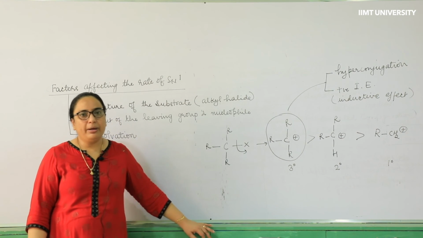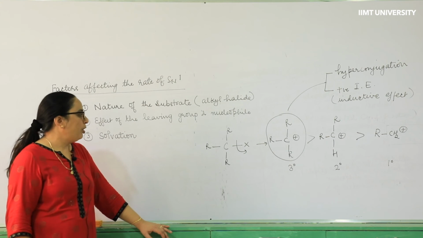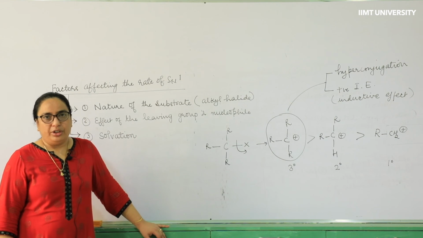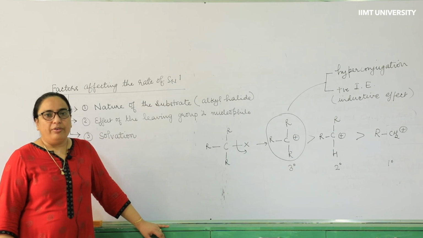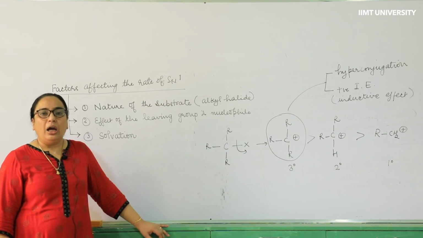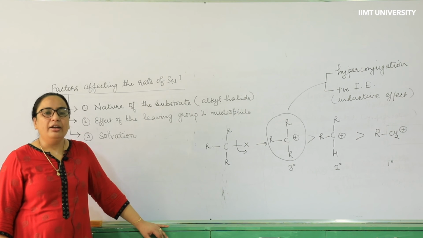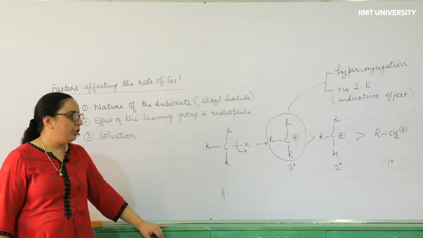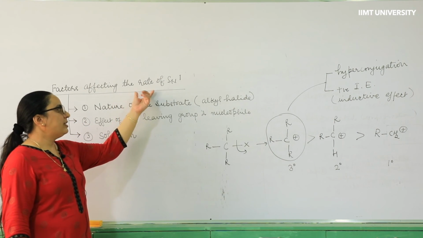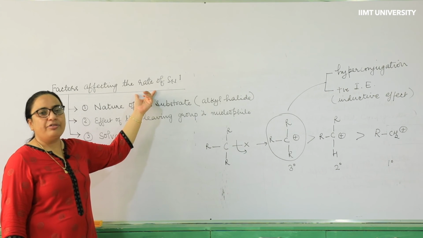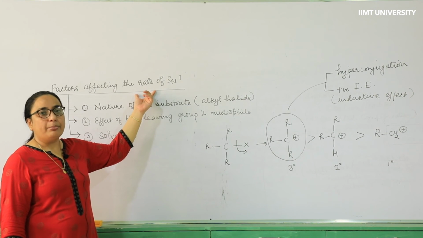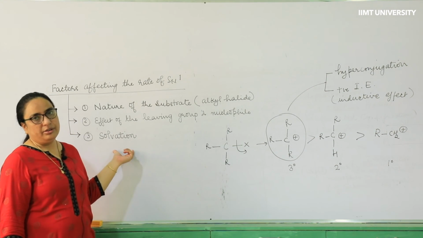The cation is the carbonium ion and the anion is the halide ion. So, if the solvent promotes the ionization of the reactant, then it will automatically favor the rate of reaction. So, we can say that the rate of SN1 reaction is directly proportional to the solvation.